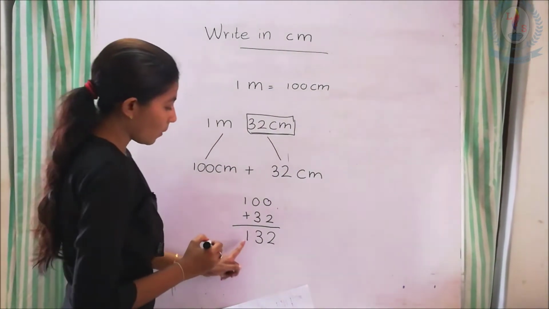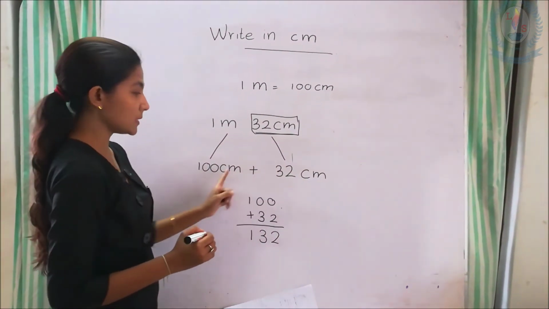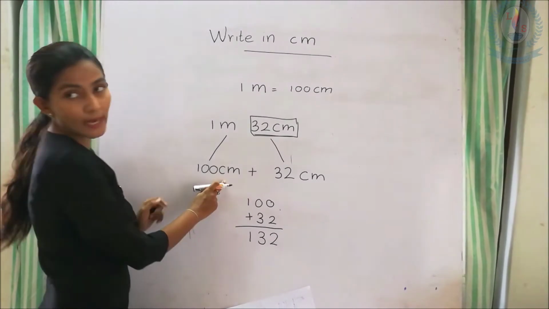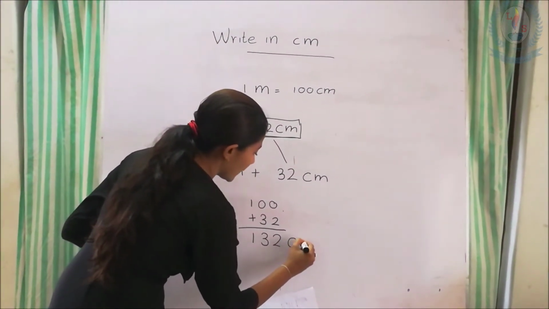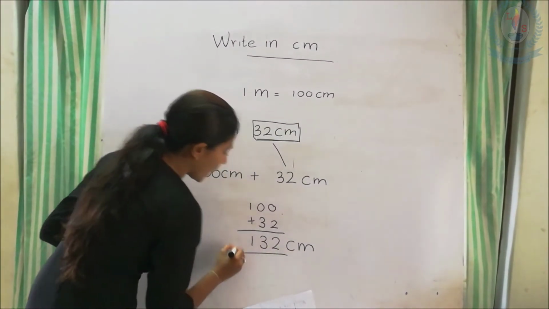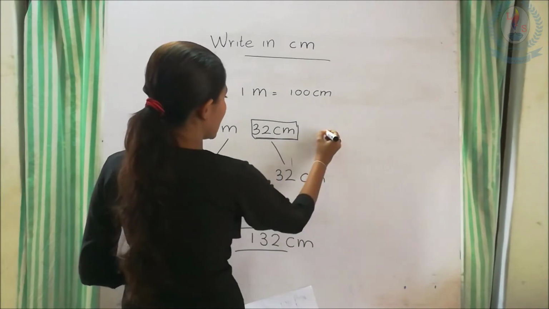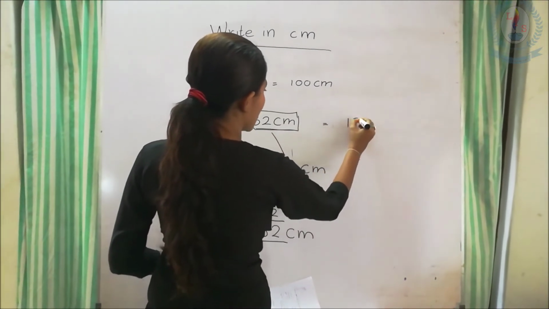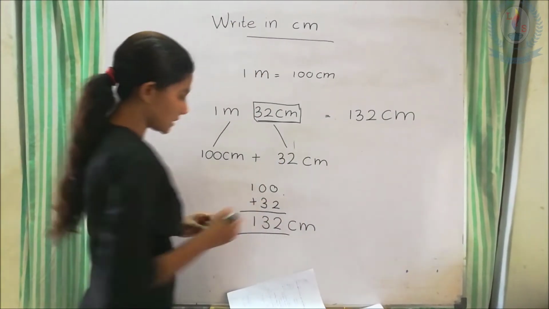Then you have 132. Both are given in the same units, that is centimeter, centimeter, so you write cm. Then you have our answer as 132 centimeters. So your answer is 132 centimeters.